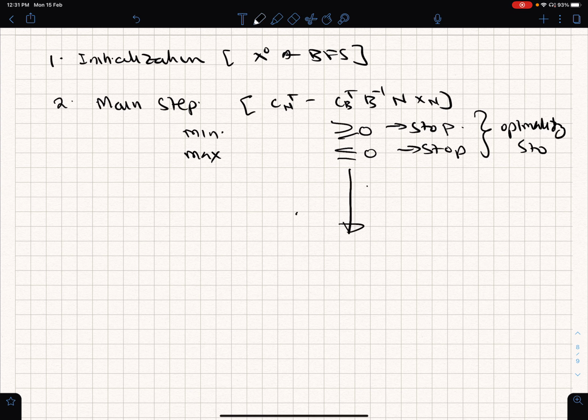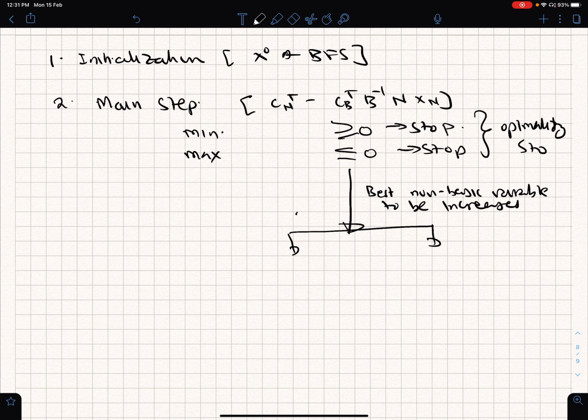So you find the best non-basic variable to be increased to reduce the objective function in case of a minimization problem, or increased in case of a maximization problem.